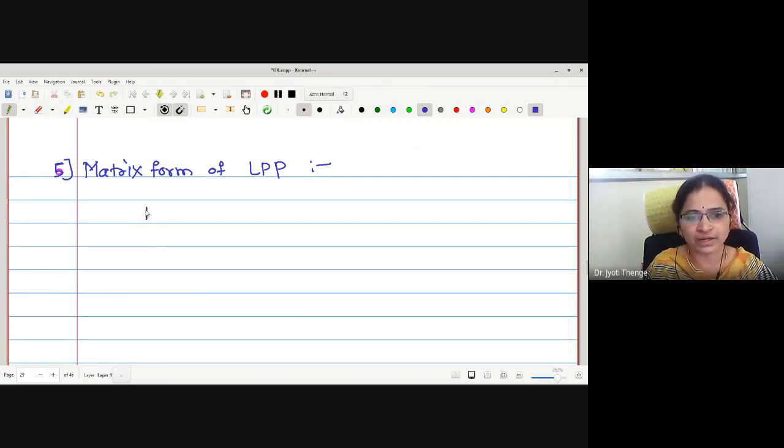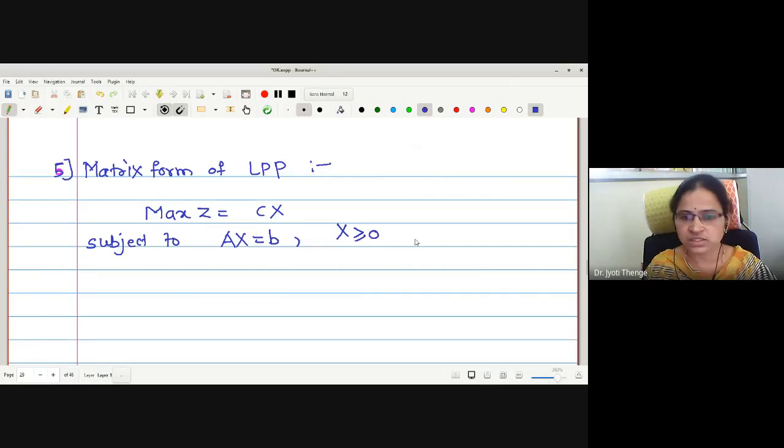The matrix form will be: maximize Z equal to Cx, where C is the cost matrix and X is the matrix of variables, subject to AX equal to B, provided X is greater than or equal to 0 and B is also greater than or equal to 0.